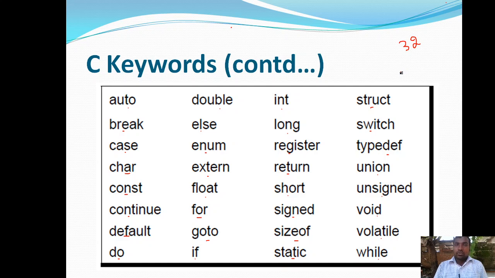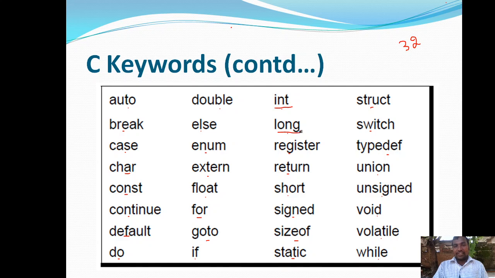We discussed integer variables, fractional variables, and character variables. That can be done with the help of these keywords. Here int is a keyword we use to define integer type variables, and long is also a keyword we use to define a long type.